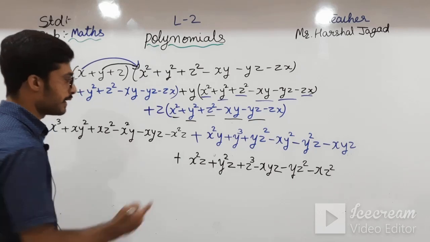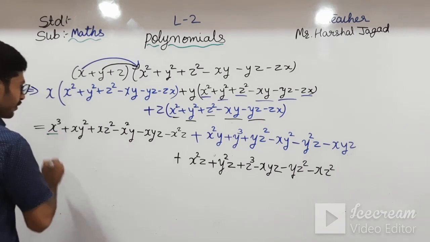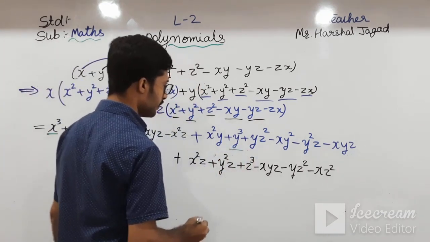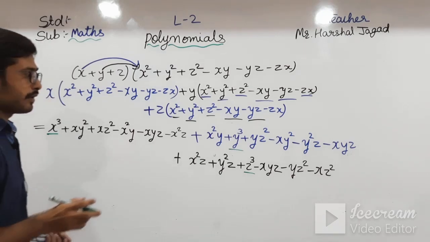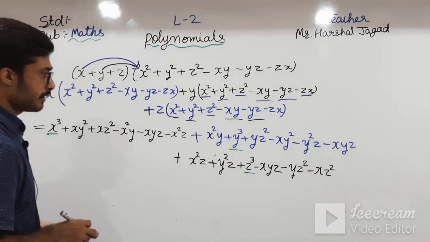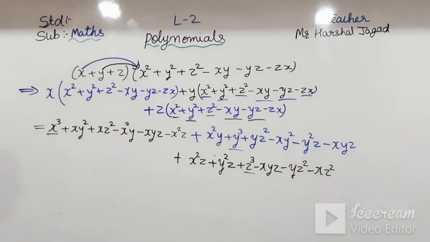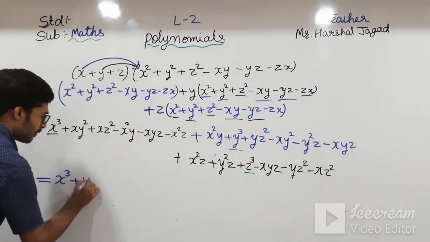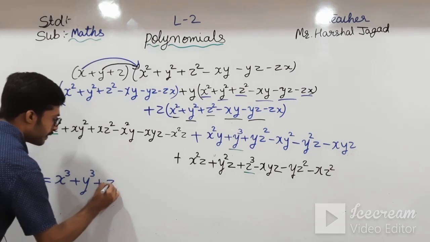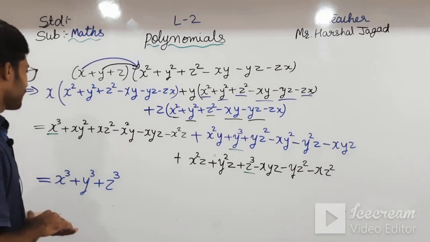We will not take it common. We will just bring further which x cube, y cube, z cube. Okay students, so now what will be there? Let us see that. x cube plus y cube plus z cube.